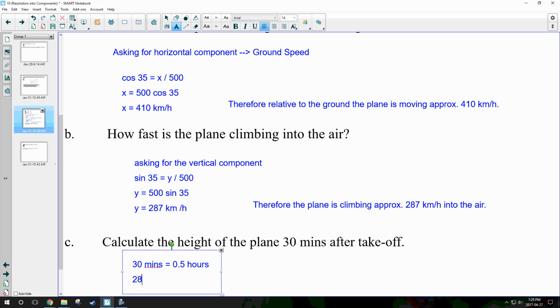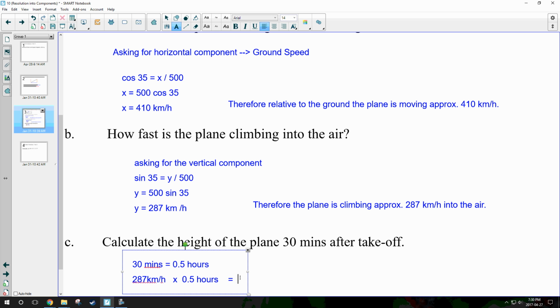So if we take that speed and we multiply it by the time that we want to find, so at half an hour, what happens is the hours cancel each other out, and all we're left with is a distance, which is the kilometers, and that will tell us the height of the plane at that point in time.